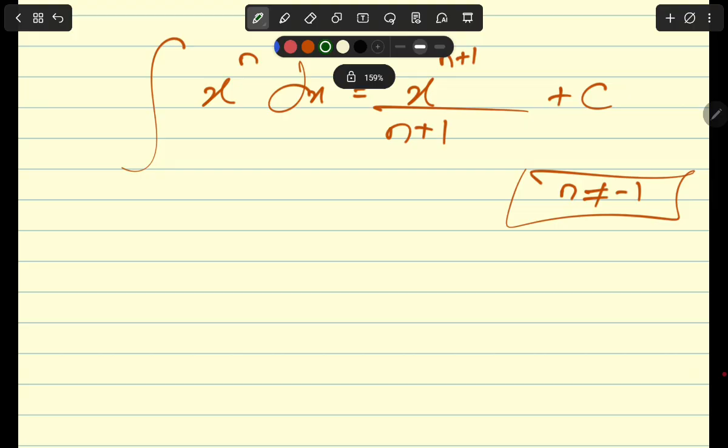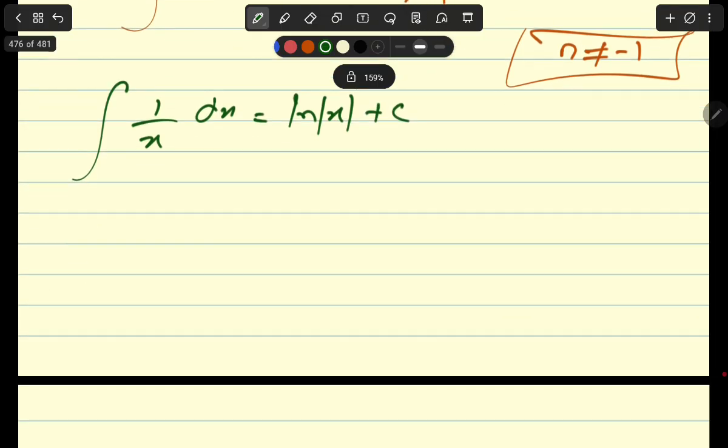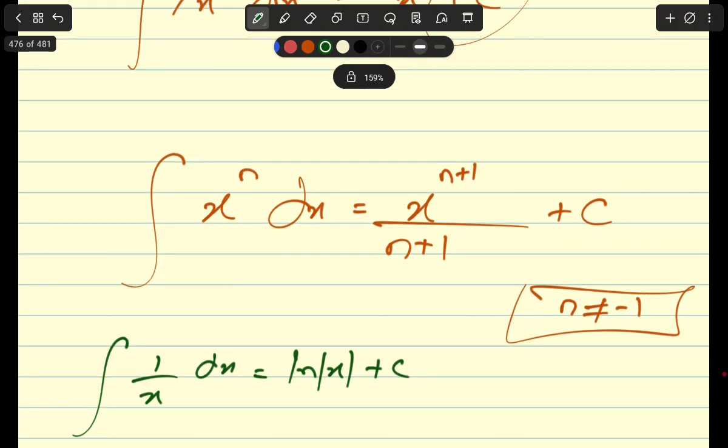It means that we are doing x to the power of negative 1, which is nothing but 1 upon x, the antiderivative of which is ln x, and then you put a plus c, right? So just saying, we will do this in further detail. You don't have to memorize this.